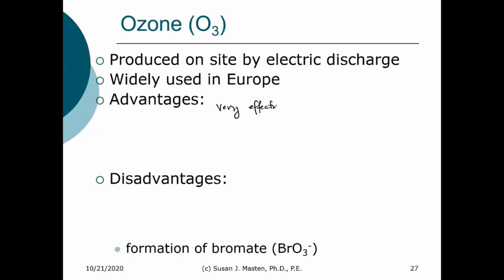It is extremely effective. It's a powerful oxidant. And it's effective as a bactericide, viricide, and it inactivates oocysts. Unlike chlorine, it does not add a taste. It does not add any odor to the water.